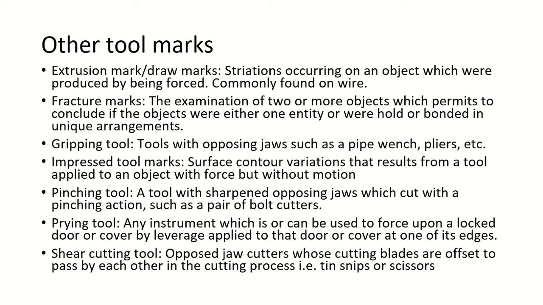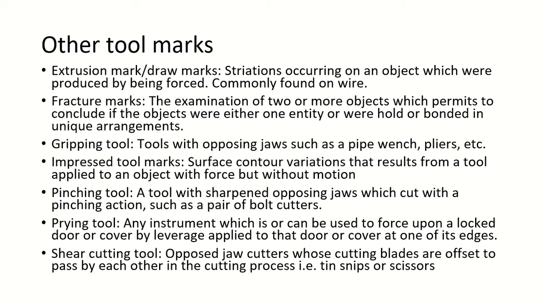These marks are due to when one single entity is broken into two or more objects. When we combine these two or more objects, it will conclude whether the objects are of that particular entity or not. Gripping tool marks are obtained by tools with opposing jaws such as pipe wrench, pliers, etc.